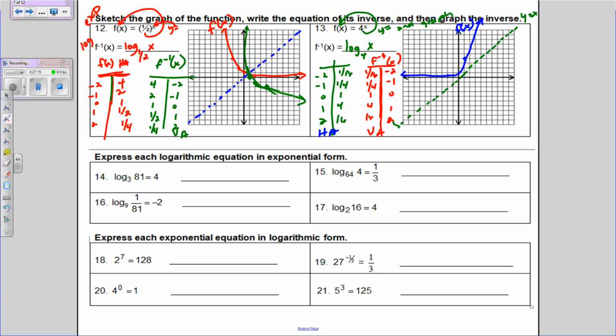So go forward a tiny bit, down 2, forward a tiny bit more, down 1, 1, 0, go over 4 up 1, and 16, 2 falls off. And make sure you make it look like a reflection. And it has a vertical asymptote, so don't cross the y-axis.